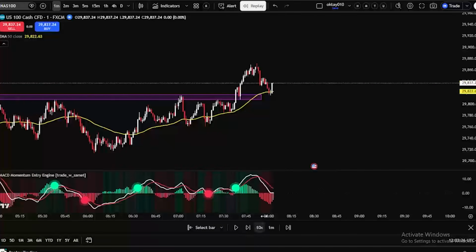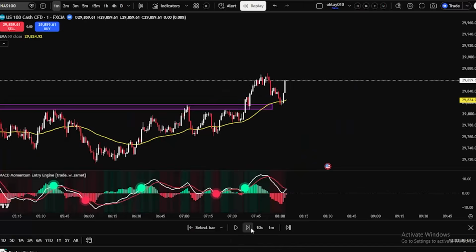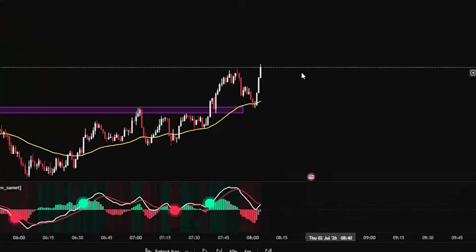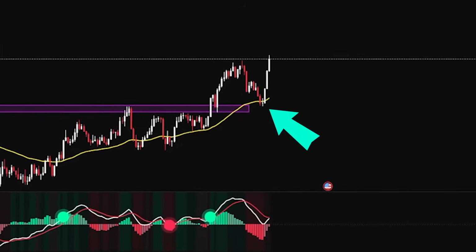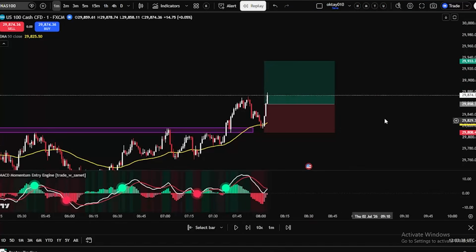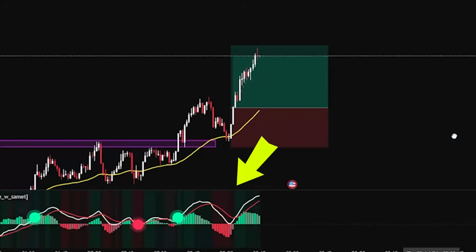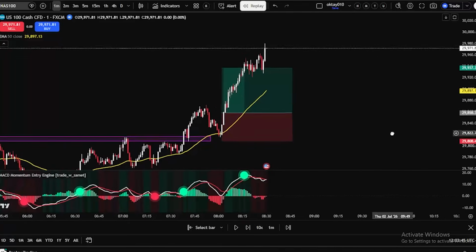Buy, long setup NASDAQ. When the price on NASDAQ is above EMA 50 or breaks it upwards and retests, we only look for buy. Entry condition: price is above EMA 50 or breaks and retests. A strong bullish candle, momentum/rejection candle, is formed. MACD is bullish or gaining momentum.